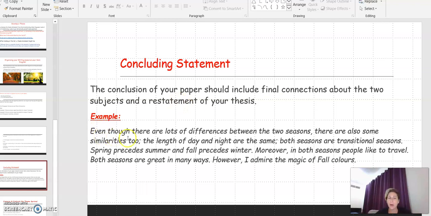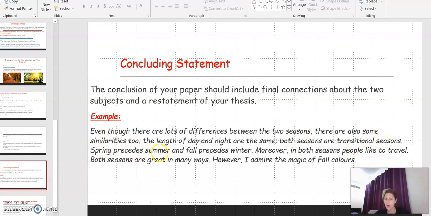For example, even though there are lots of differences between the two seasons, there are also some similarities too. This is something we stated in the thesis in the introduction, so you restate it here in the conclusion. What are the similarities? The length of day and night are the same in both. Both seasons are transitional seasons. How?